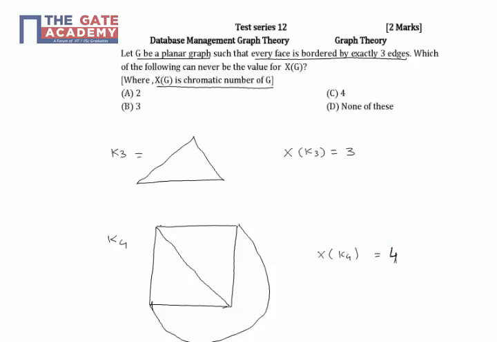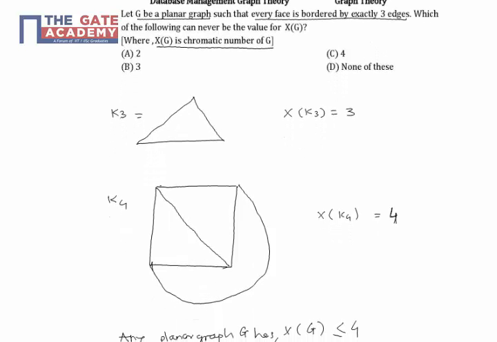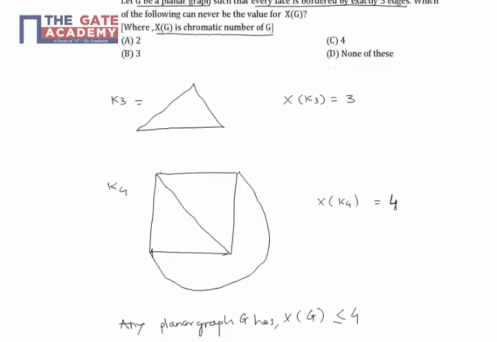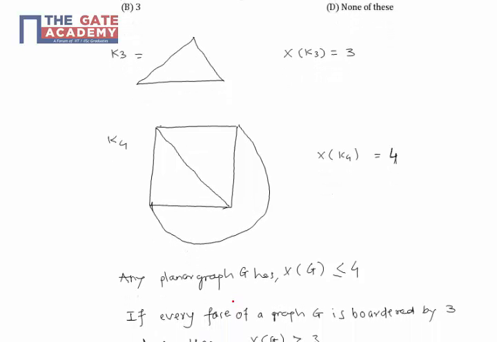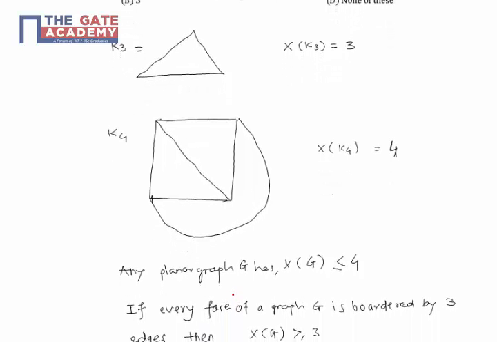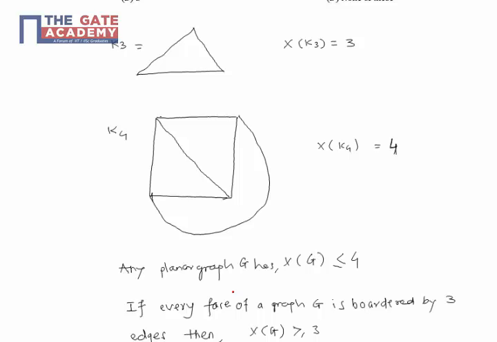Now, we know that any planar graph G has a chromatic number less than or equal to 4. And if every face of a graph G is bordered by 3 edges as shown in the above graphs, then the chromatic number for such a graph should be greater than or equal to 3 because each vertex in such a graph will be incident on at least 2 different edges.